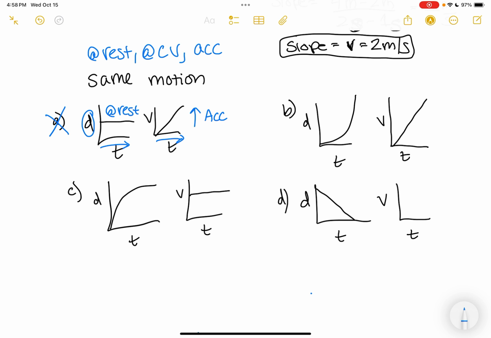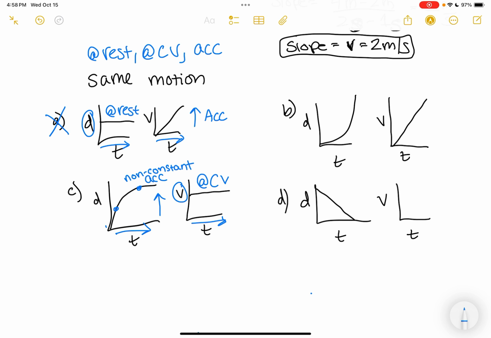If I look at choice C, as time is increasing, my distance is increasing, right? It goes up, but it goes up at a non-constant rate. So that means that this represents an acceleration. If I were to look at the other graph, with V versus T, as my time is increasing, my speed remains constant.